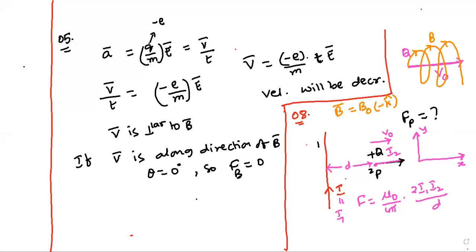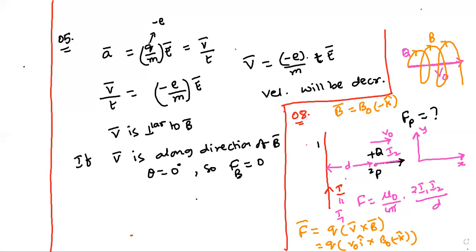By applying Fleming's rule, we can find the direction of force. That means Q times V bar cross B bar. V bar means V naught I cap, cross B naught minus K cap.